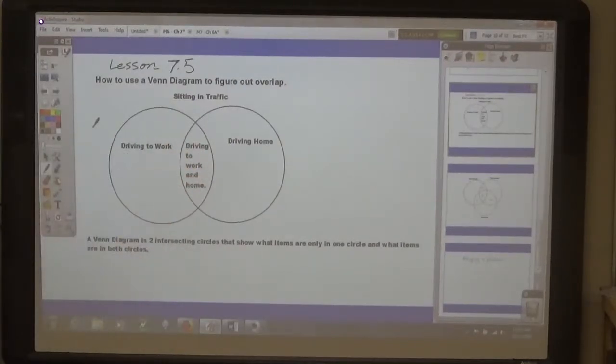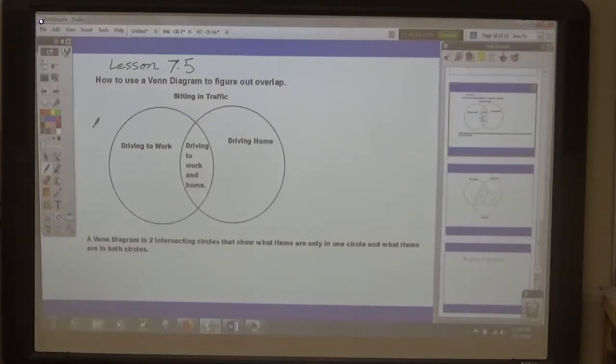Now, there's an example in your book, and we're going to go through that together. It's on page 212. It says, the results of a survey show that 200 drivers sit in traffic driving to work, 350 sit in traffic driving home, and 50 sit in traffic driving both ways.